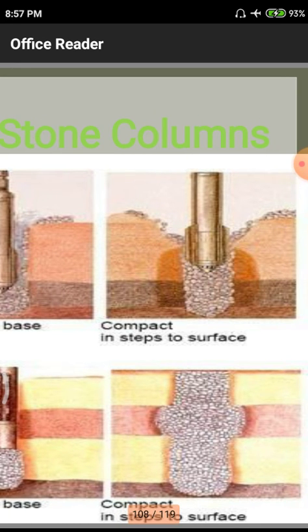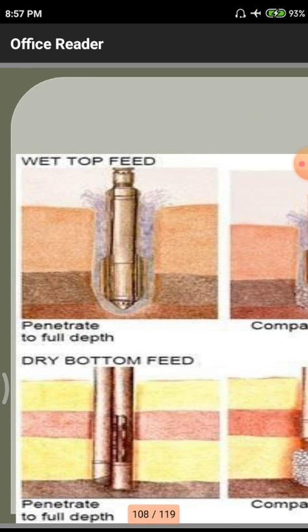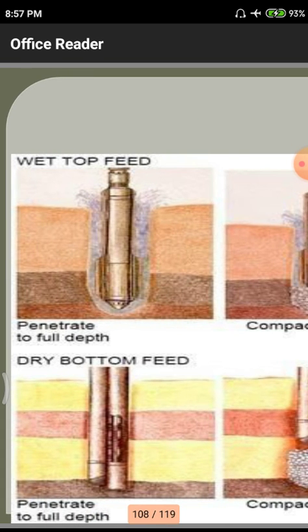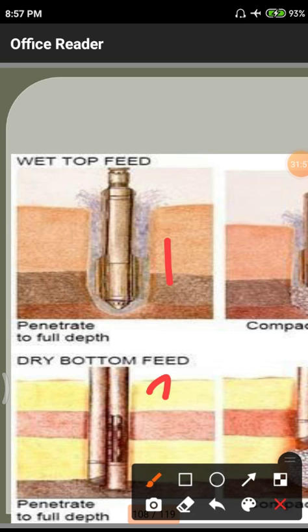After that we need to compact the soil and fill. This is the penetration at full depth. First stage of penetration, this is the second stage, this is the third, this is the fourth. First we insert the auger into the soil until we reach a particular depth.